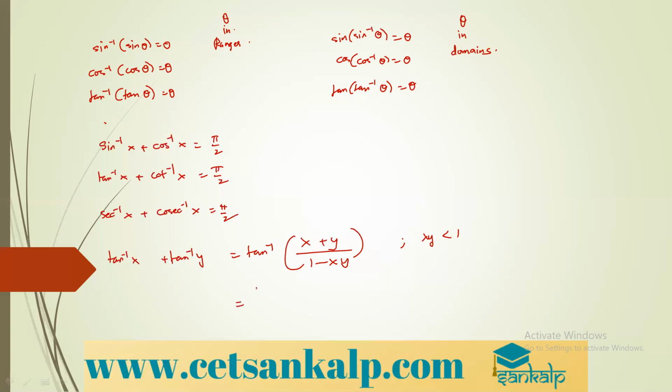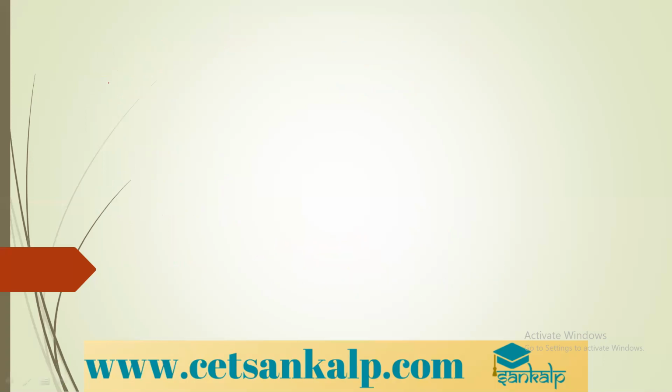For the same thing, we have another formula, tan inverse of x plus y by 1 minus xy, plus pi. This is applicable when xy is greater than 1. The next formula is tan inverse x minus tan inverse y is tan inverse of x minus y by 1 plus xy.